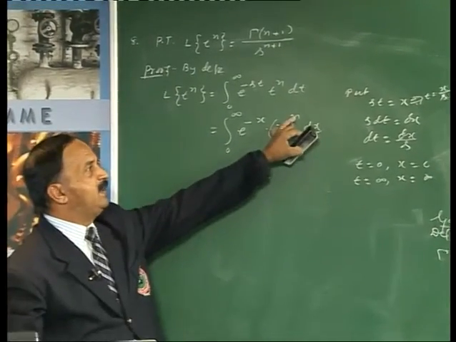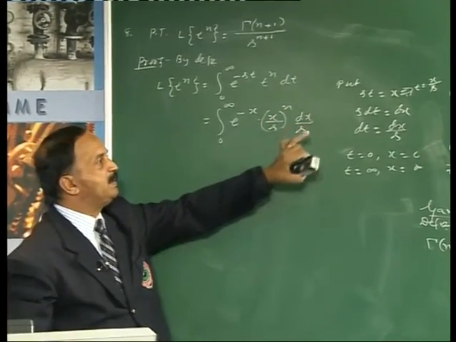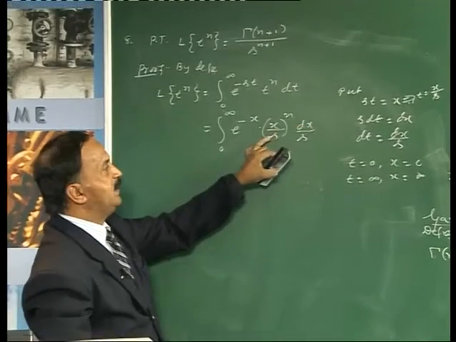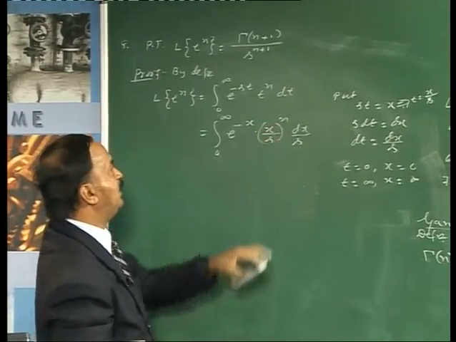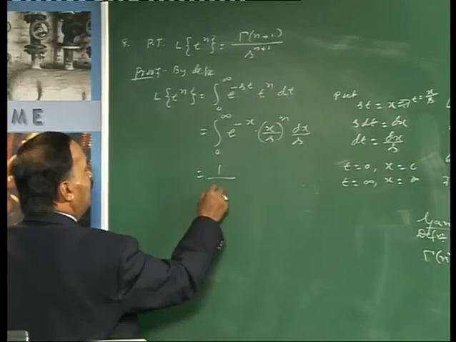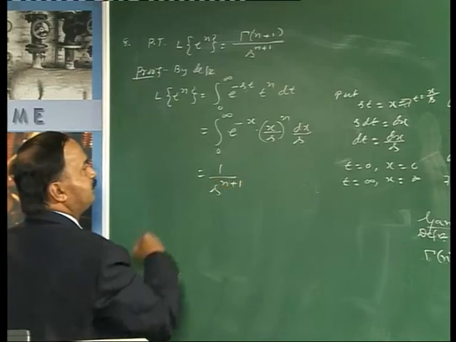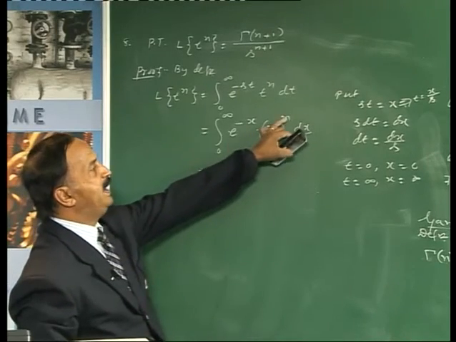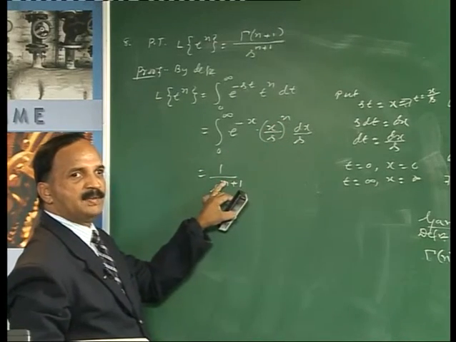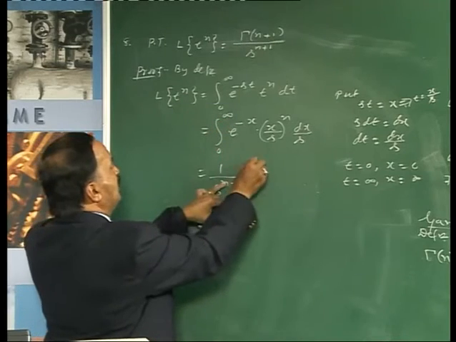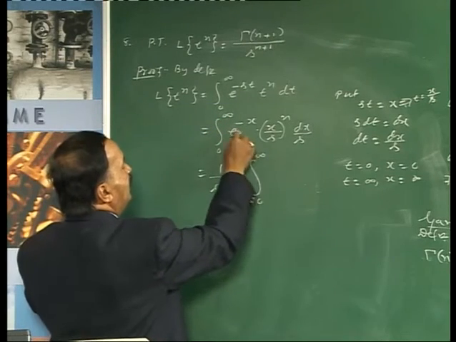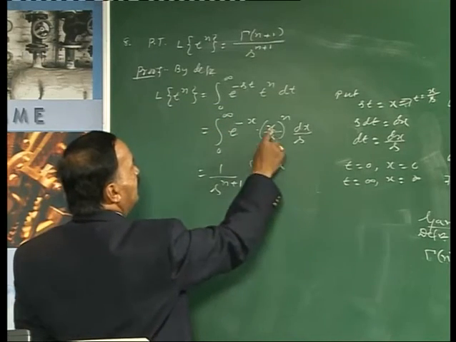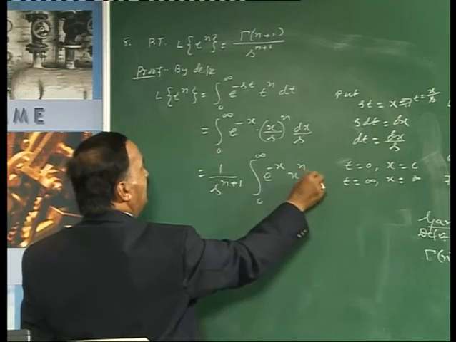Now s and n are constants because we are integrating with respect to x, so you take s and n outside. That is 1 by s to the power of n plus 1, since s to the power of n into s is s to the power of n plus 1, times the integral from 0 to infinity of e to the power of minus x, x to the power of n dx.